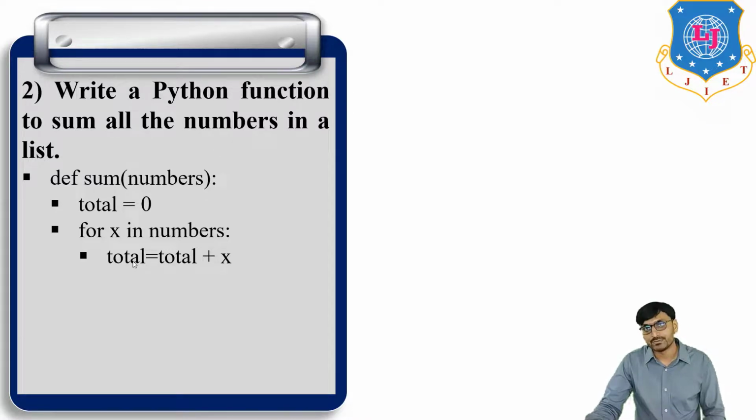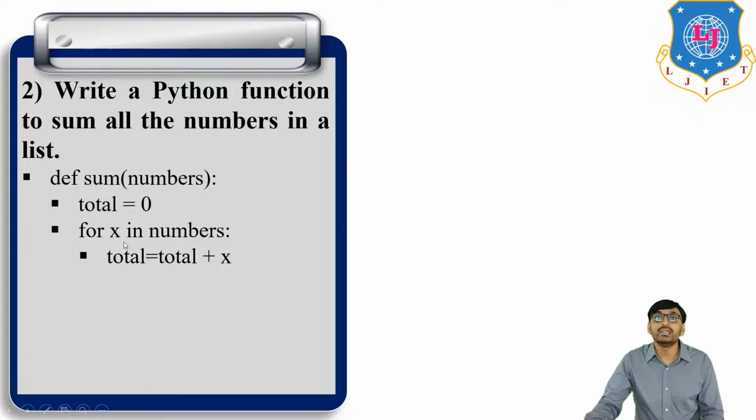Now for the second iteration, x is equal to 2, and we use the total value of the previous iteration, not the 0 value. In the previous iteration the total value is 1, so 1 plus 2 is equal to 3. At the end of the second iteration, total is equal to 3.